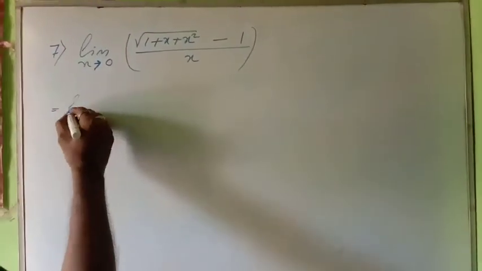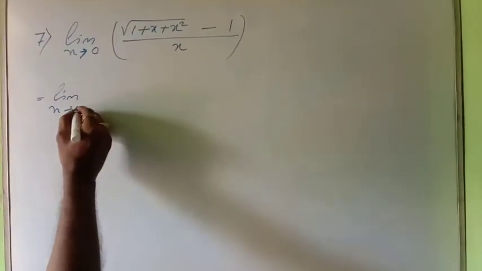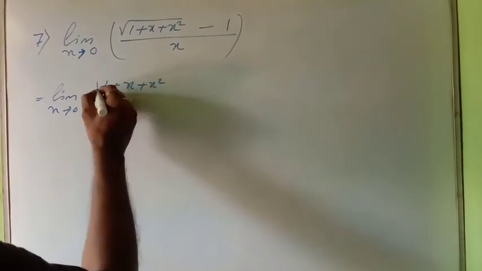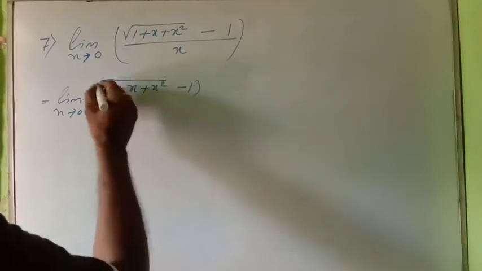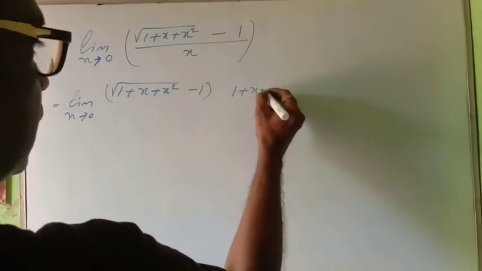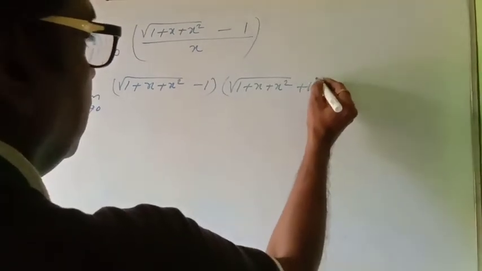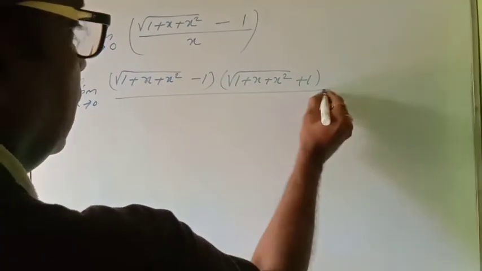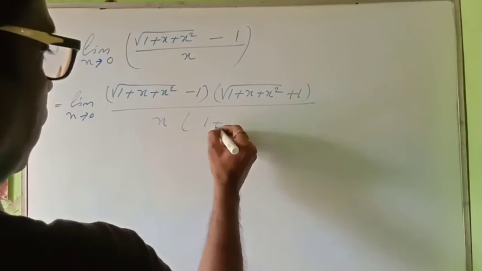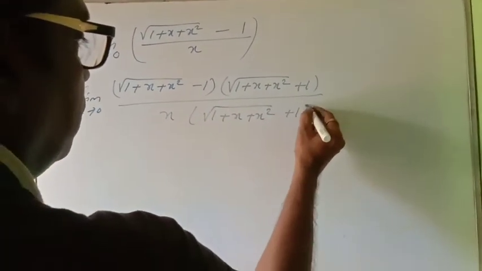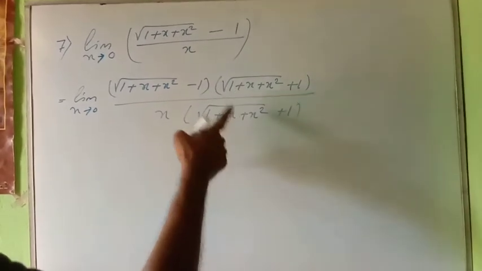Limit x tends to 0, keep it here. Square root of 1 plus x minus 1 is there, and you have to multiply by the same thing, square root of 1 plus x plus 1, both numerator as well as denominator.